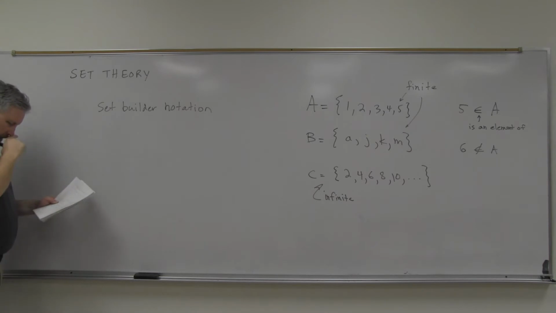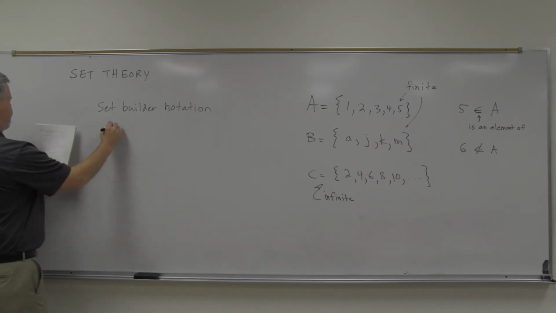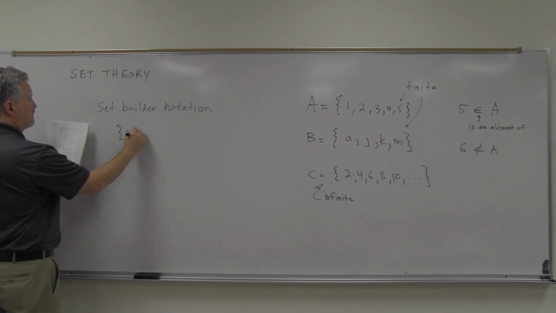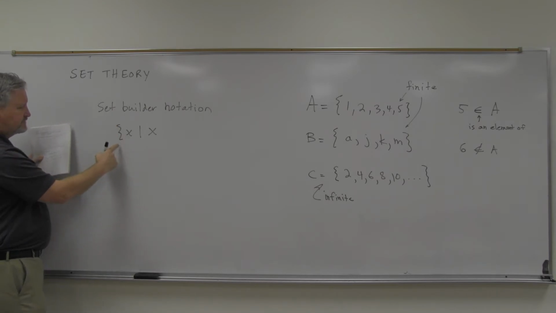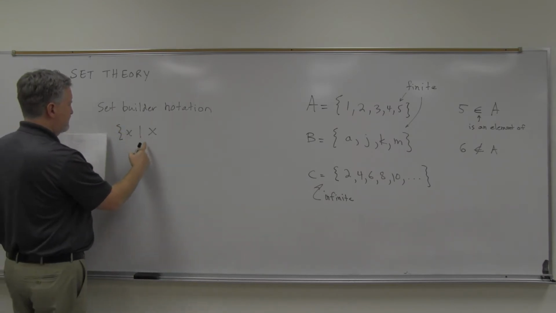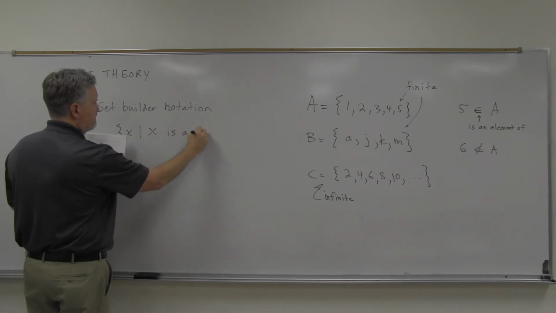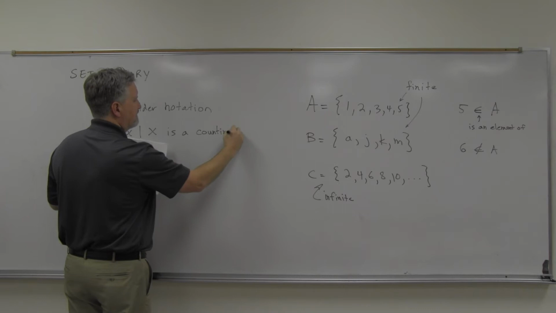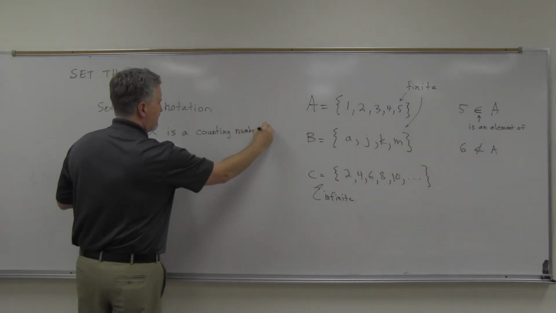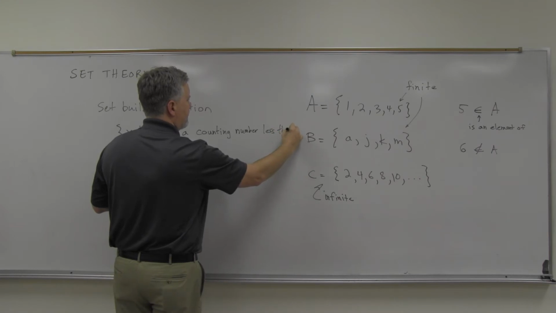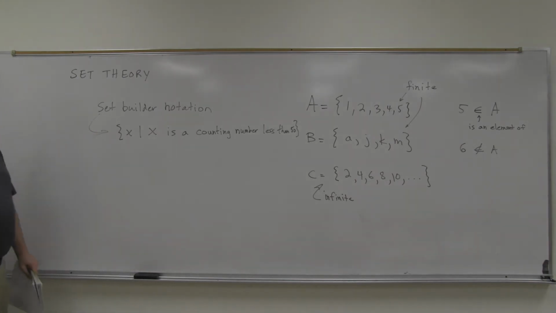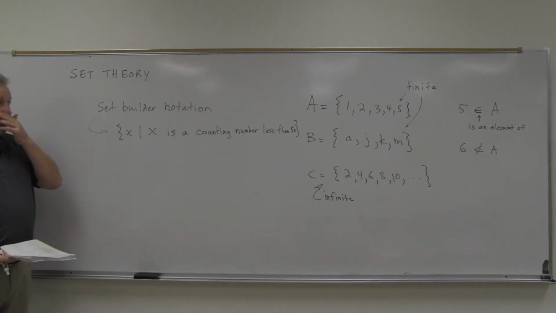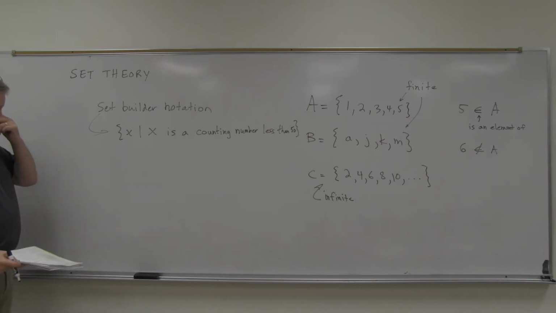So let me give you an example of that. All right, so we've got our little set braces. Then x, and then a vertical line, and then x is a counting number less than 50. That's an example of what is called set builder notation. You could probably figure out what the elements of this set are, but let me give you some information here.